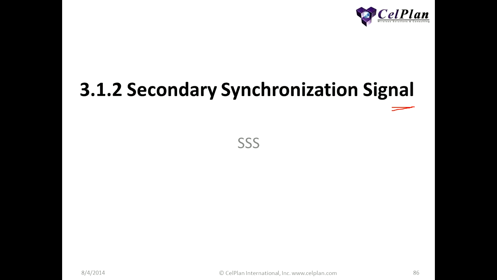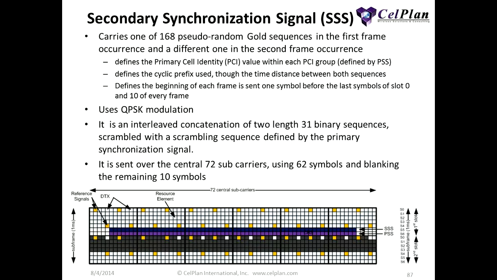Okay, then we have the secondary synchronization signal. You have in reality 168 pseudo-random code sequences, and those sequences on the first appearance in the frame are different from the sequences of the second appearance in the frame, and this is what allows you to define the start of the frame. Otherwise, you would not know if this frame starts in the middle or in the beginning.